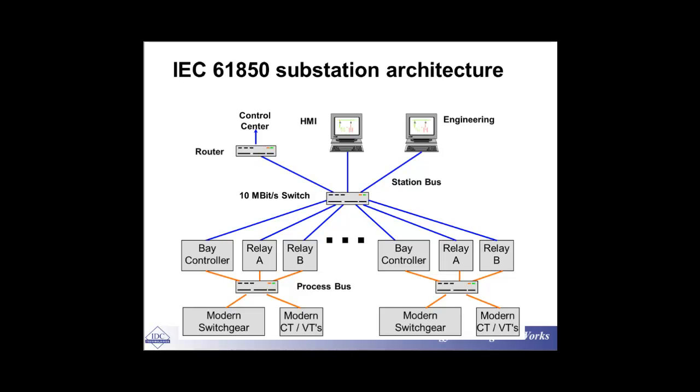We do not focus on the identity of the assets. We do not insist on the identity of this box, for example, whether it is a relay or a controller. But we look at them as objects, and each object has got its own definitions, its own characteristics, and its own programming.